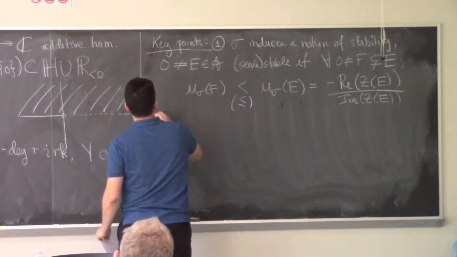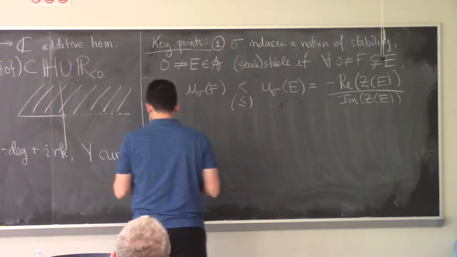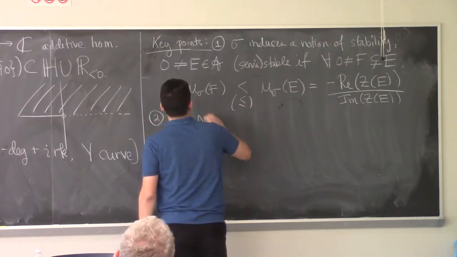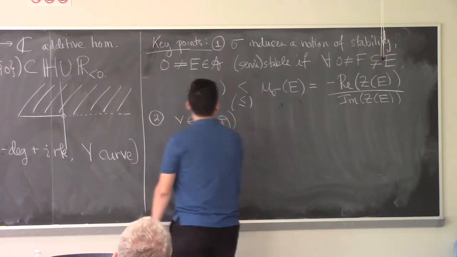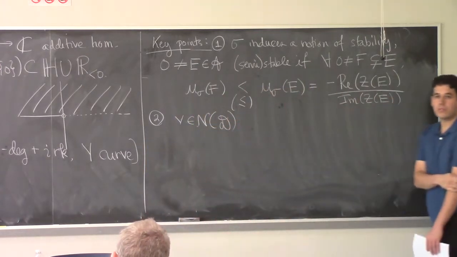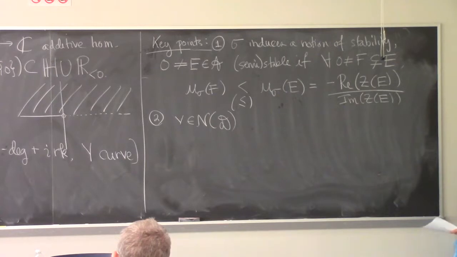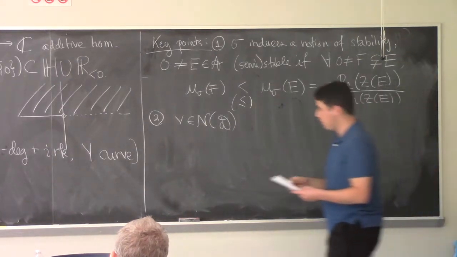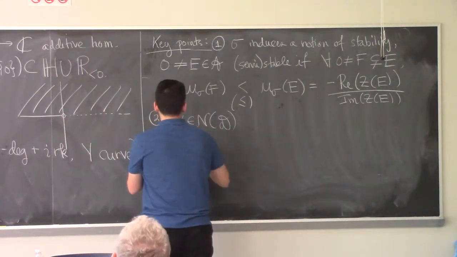And the reason that's important is what I'll call key point 2. It says the following. Let's say that we fix some element in this numerical Grothendieck group, call it B. Then we can look at moduli spaces of objects which are semi-stable of class B. So let me say it like this.